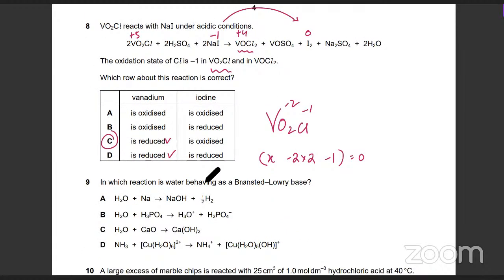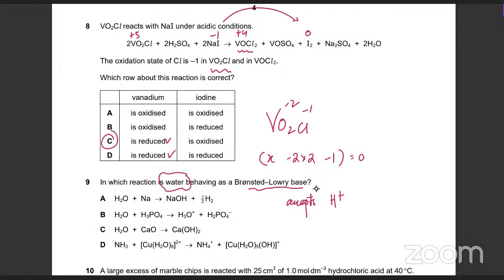In which reaction is water behaving as a Bronsted-Lowry base? What does a base do? It accepts protons, so it accepts H+. So who is the one accepting H+ ions?